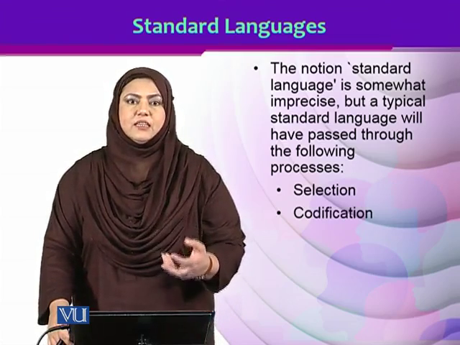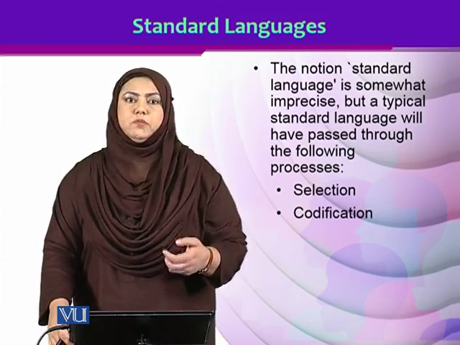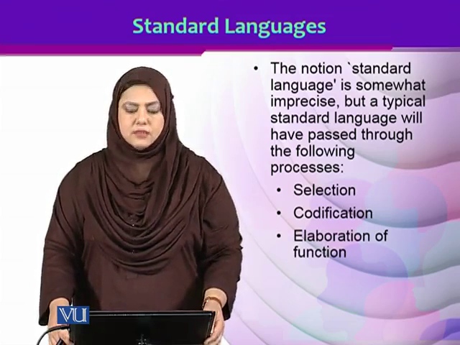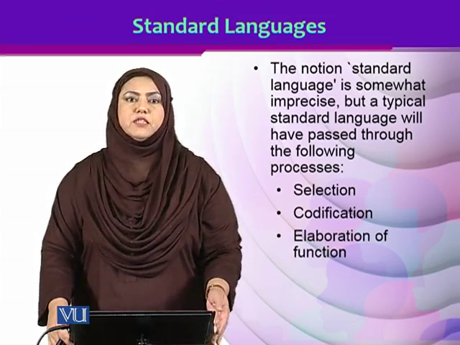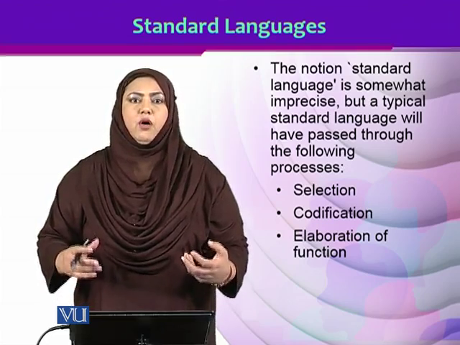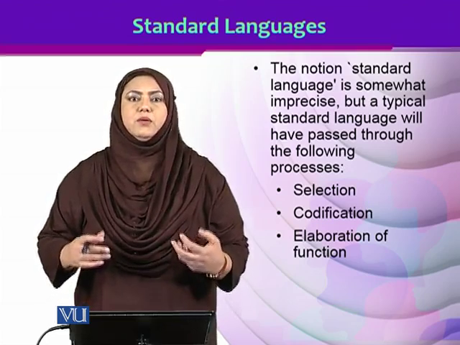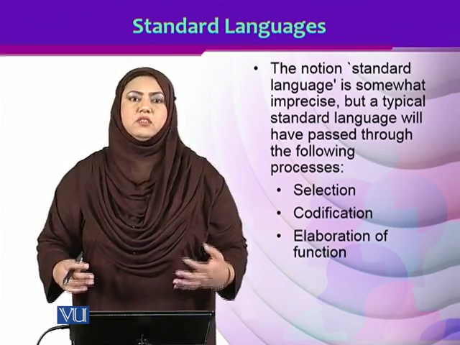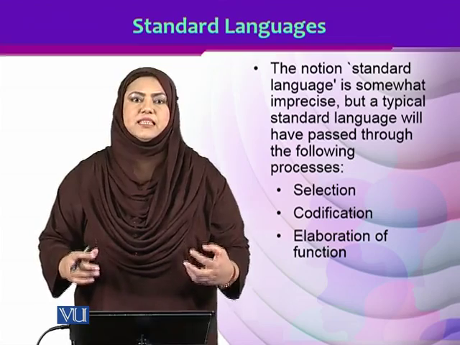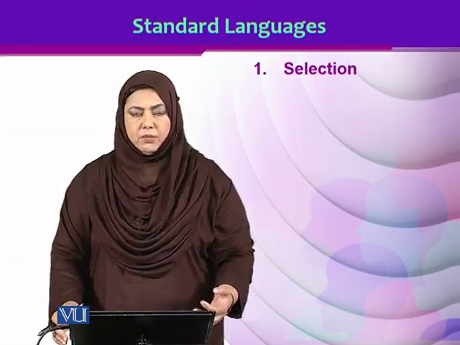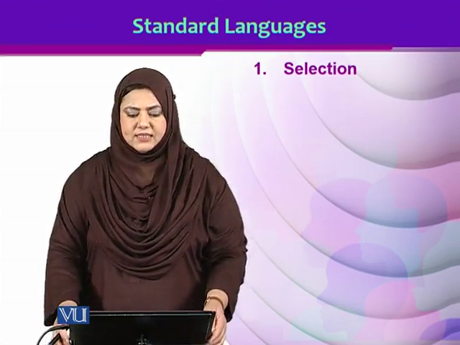Once a language is selected as a standard language, it would be codified. So the second step is codification. The third step is elaboration of its functions. The society, the concerned users, or the authorities amongst them would decide and elaborate upon the functions for which this particular standard language would be used. Now we can talk about each of these processes in detail.